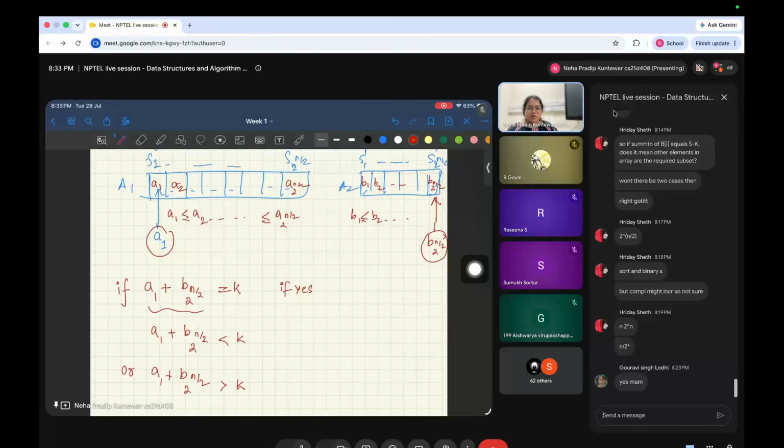Okay, so in this case, let's say that the sum of this and the sum of this is actually smaller than the value that you were looking for. Then what does this say about your next search? So you can borrow some intuition from merge sort that we did earlier. The fact that these two arrays are sorted tells you something, if the sum is less than k.